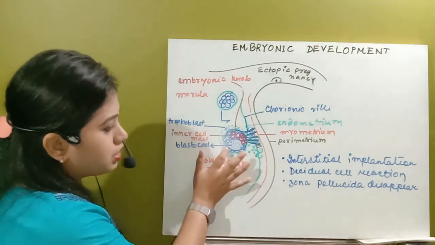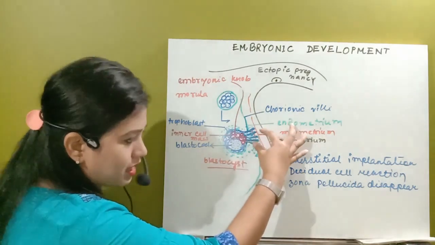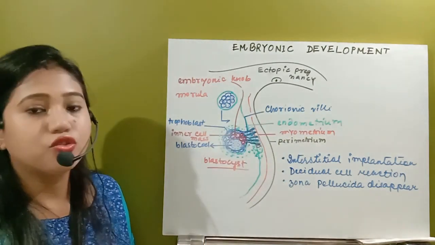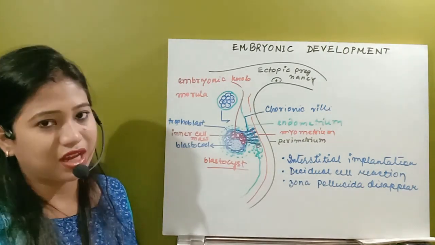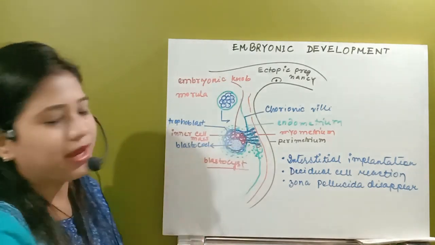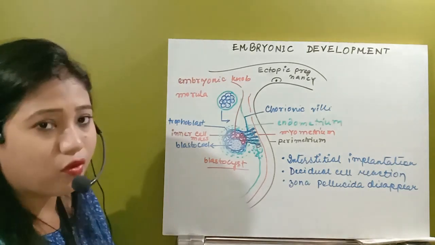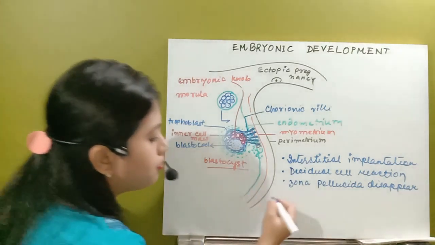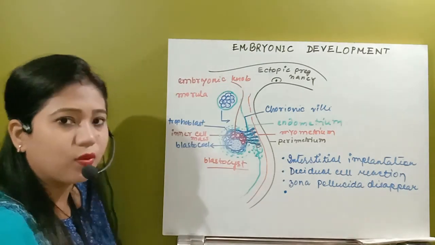Suppose in this other region, the blastocyst will not get implanted. At the same time, the trophoblast and the endometrium will form the placenta gradually.